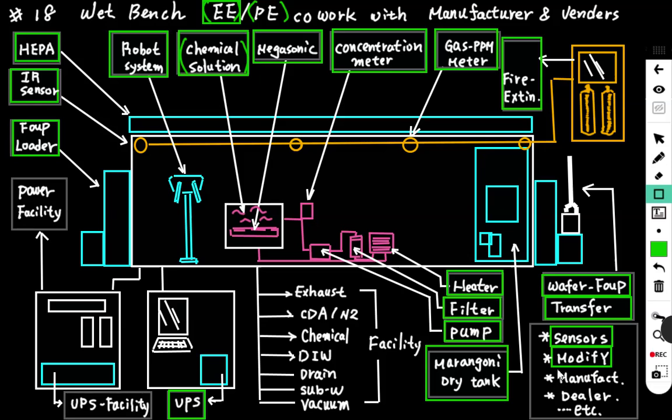And of course, the wet bench manufacturer, you need to contact with it, co-work with it. And perhaps the manufacturer is a foreign company. You need to co-work at first with the local dealer, and so on and so on.